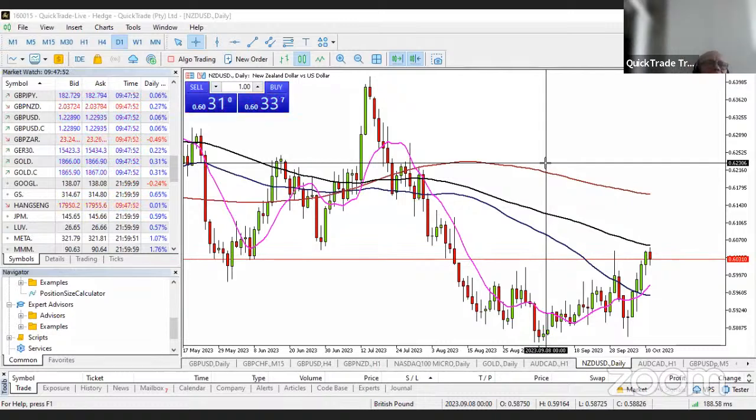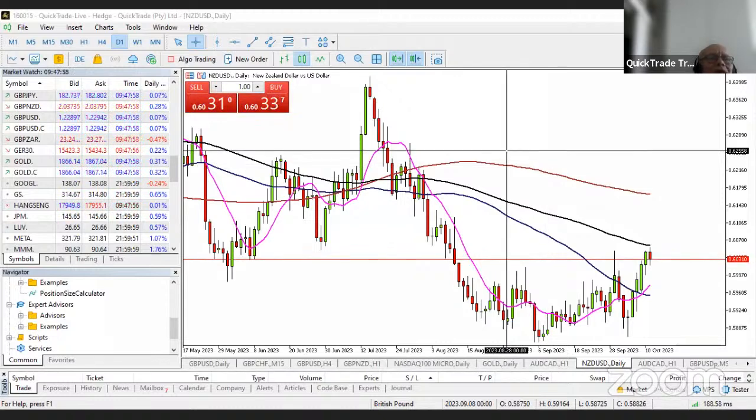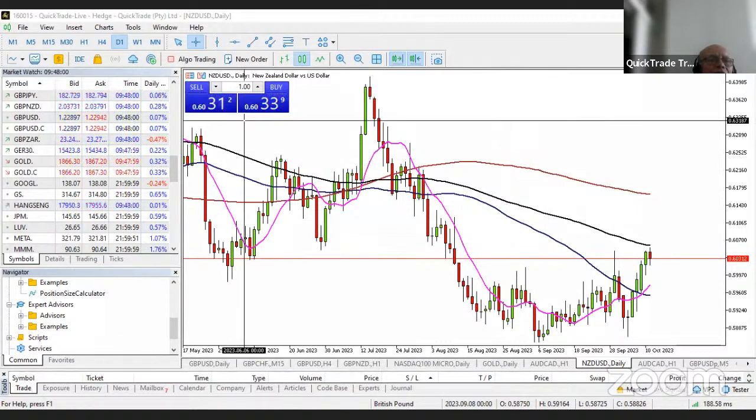I'm still not quite clear. So, Empo, what do you mean by that? You think it's going to be a weakness of the dollar and a strength of the NZD? Not actually too clear on that. What do you think? What do you say?